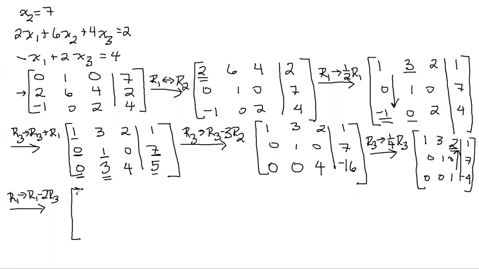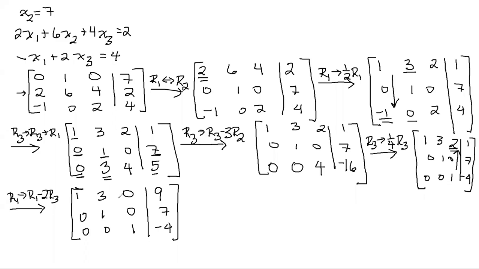This is why we did our first steps first. And then -2 times 1 is -2, plus 2 is 0. And again, we have to do that with our last column as well. So -2 times -4 is 8, plus 1 is 9. And our second row and our third row remain the same.